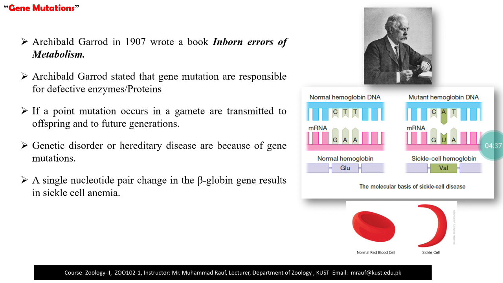He was studying a genetic disorder, alkaptonuria, in which one of the enzymes is missing, and the problem occurs in the metabolic pathway, and the person suffers some serious consequences. So he said that these defective proteins or enzymes are because of defects in the gene from where they are synthesized.